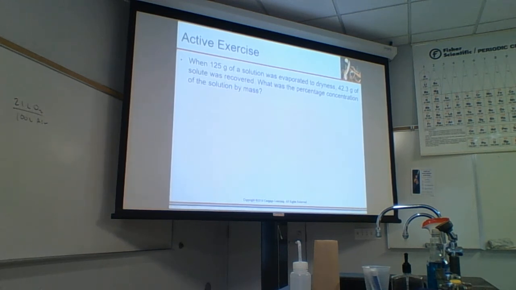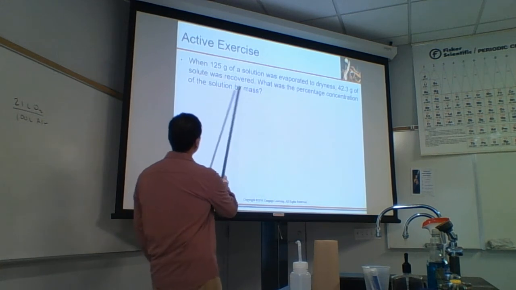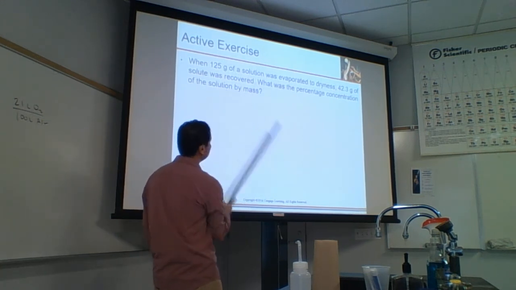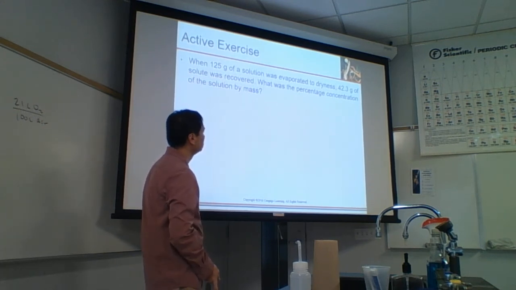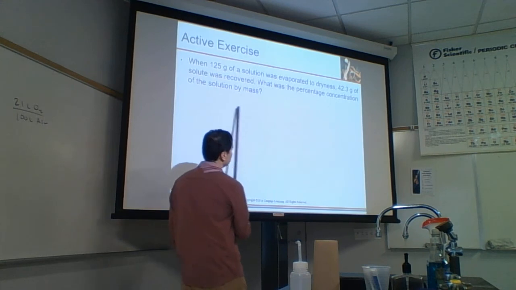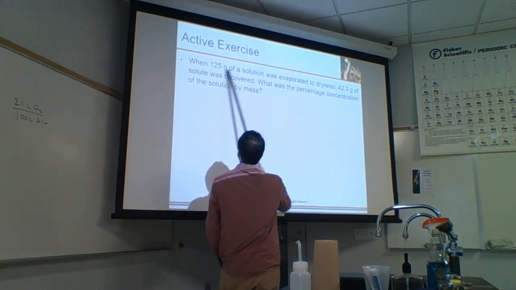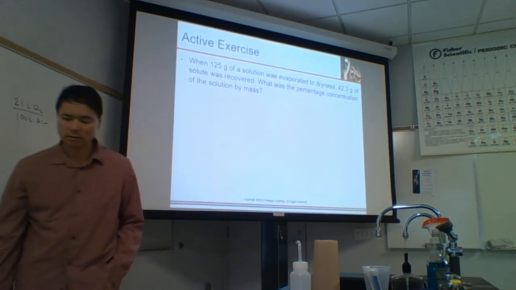When 125 grams of a solution was evaporated to dryness, 42.3 grams of solute was recovered. What was the percentage concentration of the solution by mass? So, well, the percent concentration is going to be the mass of component A, which would be 42.3 grams of solute, over the total mass. The total mass is 125 grams here.